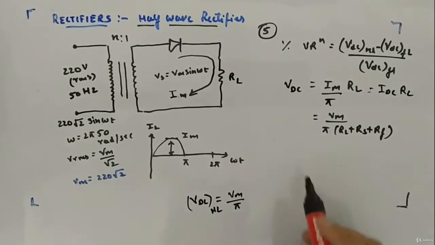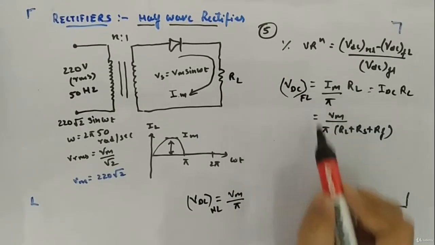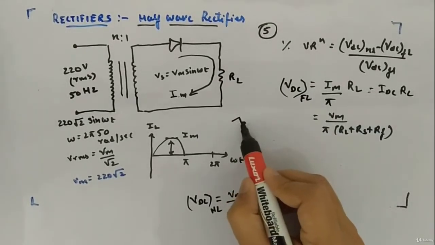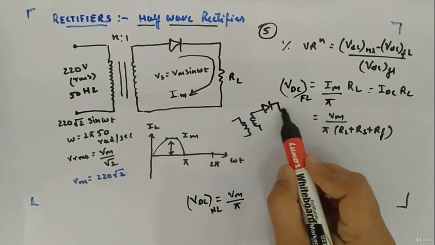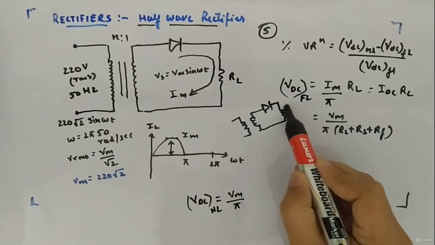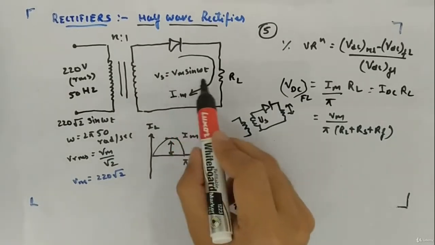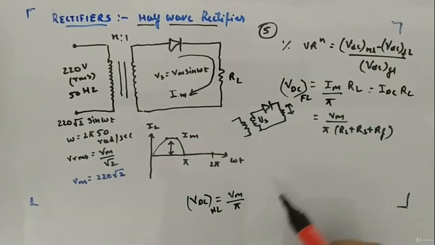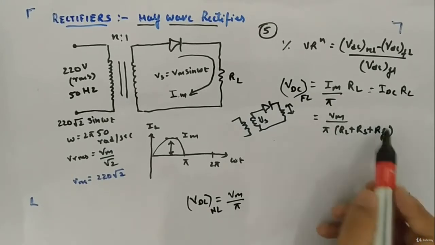Okay, this is now full load. Full load means there will be a load like this. So for this voltage we are focusing here. This voltage is Vs, which is this one, but this voltage we are calculating, which we have already calculated. I am just writing it again. This will be the value.